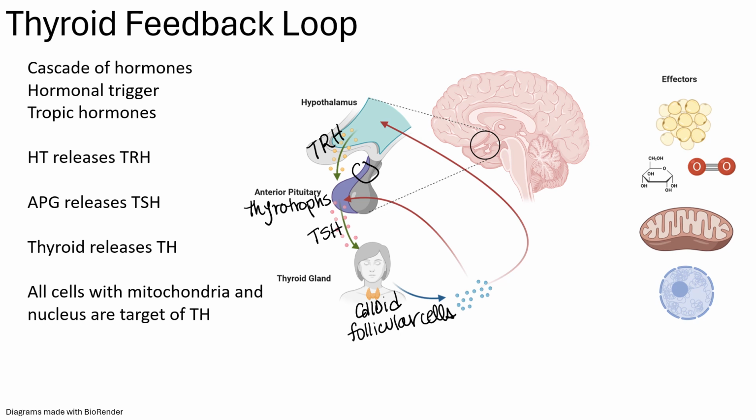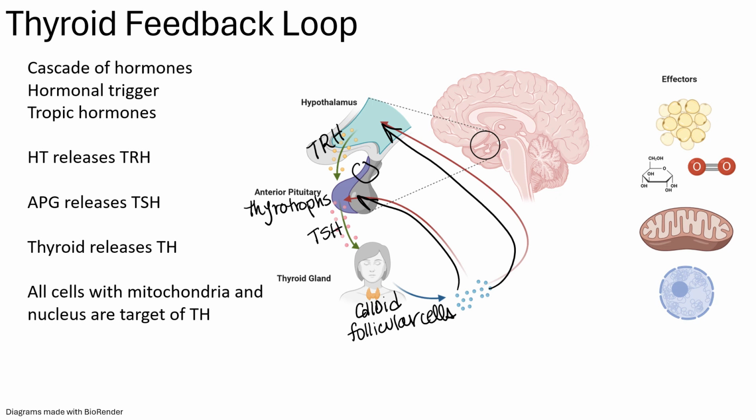This hormonal cascade, right, exemplifies a negative feedback loop where both the hypothalamus and the anterior pituitary are monitoring the level of TH in the blood, and both of these organs can further inhibit or further encourage the production.